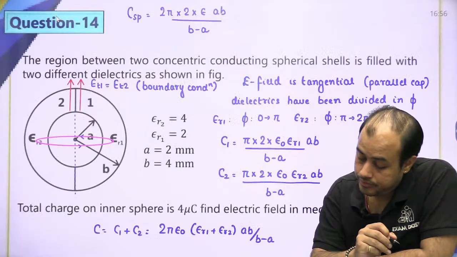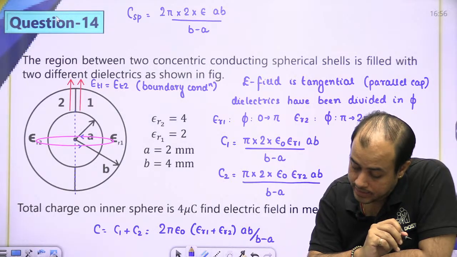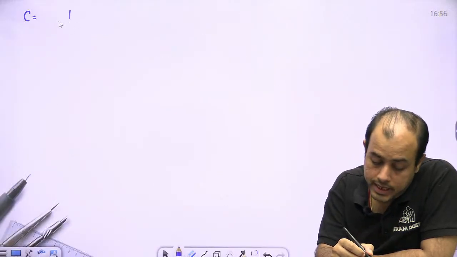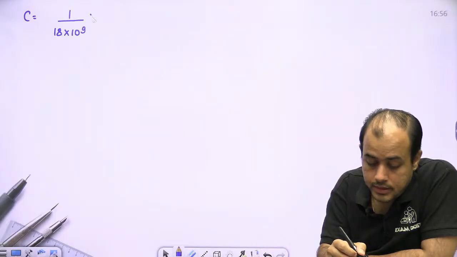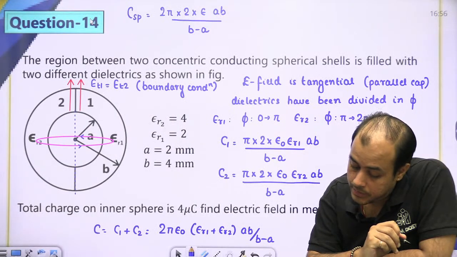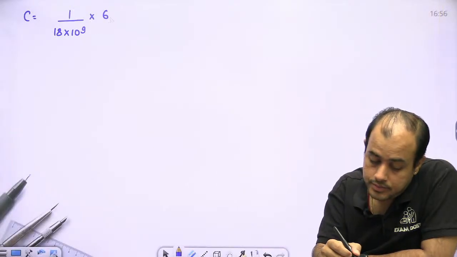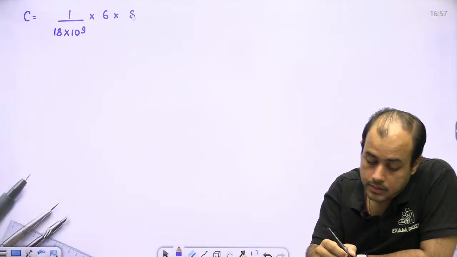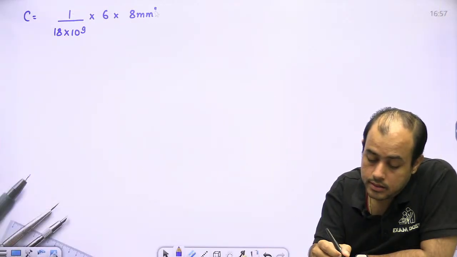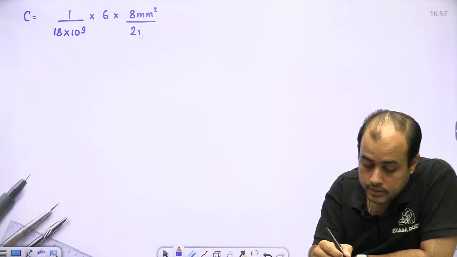Now, I need to find the capacitance. 2 pi epsilon naught is 1 upon 18 into 10 to the power 9. Epsilon r1 plus epsilon r2 is 6. AB is 2 into 4, 8 mm square, divided by 4 minus 2, which is 2 mm.